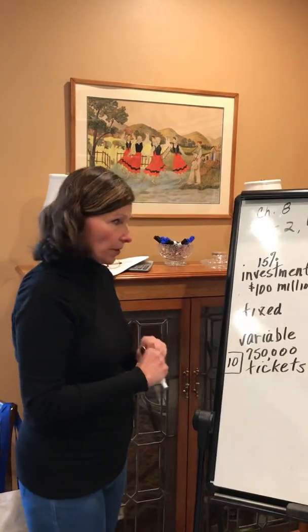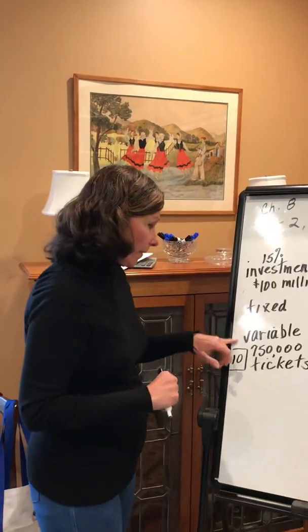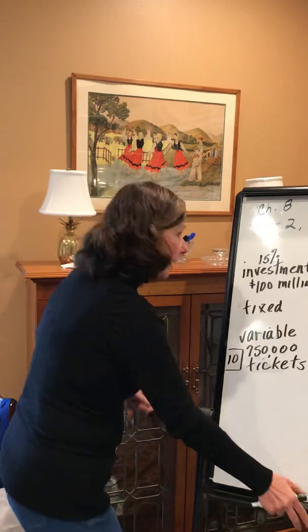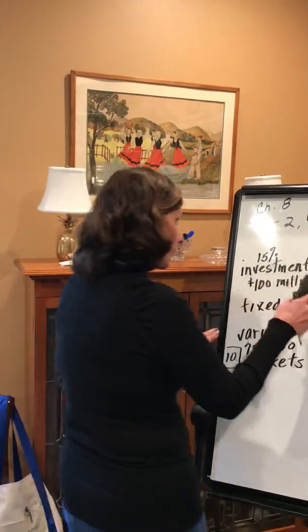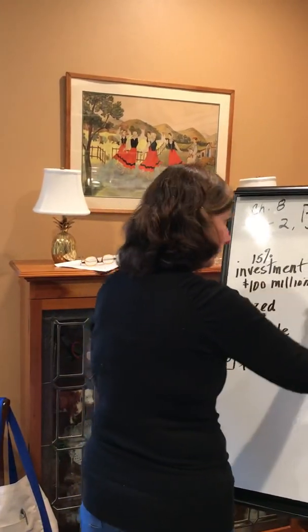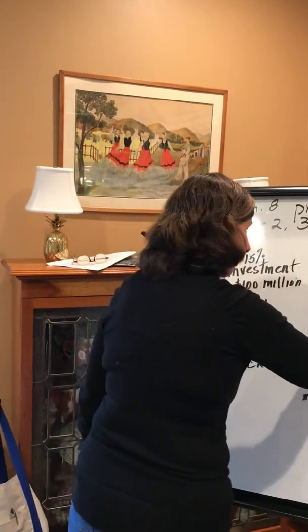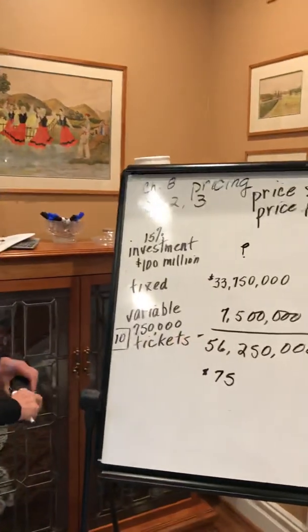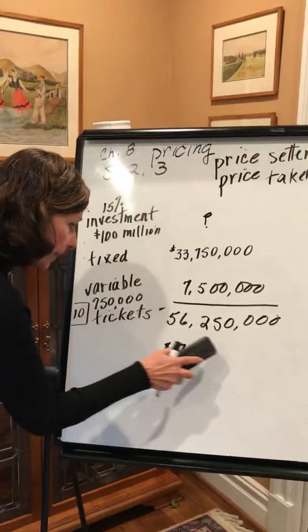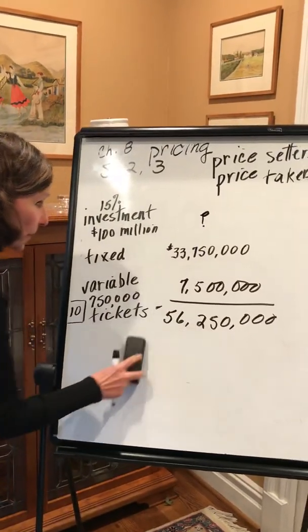The fixed costs are still the same and the variable costs are still the same. So I'm going to erase this because that's what we're solving for. Now, we have the ticket price, and it's $65 a ticket.